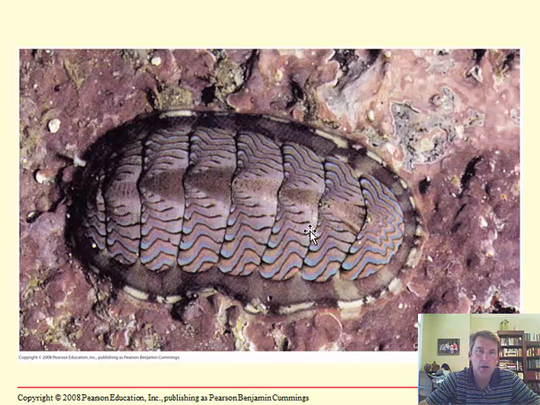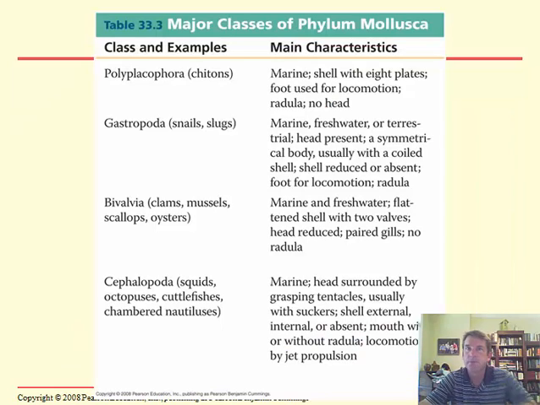Chitin, these are small mollusks that have a hardened shell. They move around with their foot, and they do not have a head. But the rest are listed there. The gastropods are your snails and slugs. The bivalves are those that have two hinged shells, bi referring to two, bivalvia.